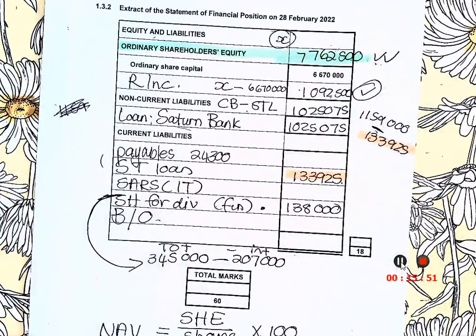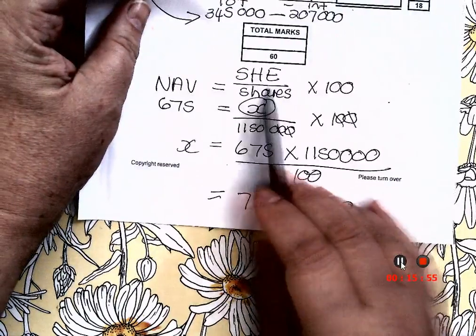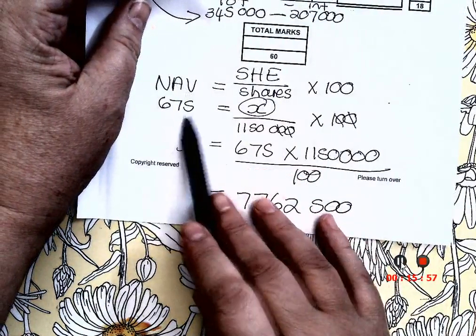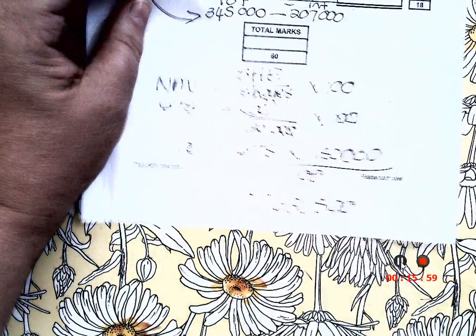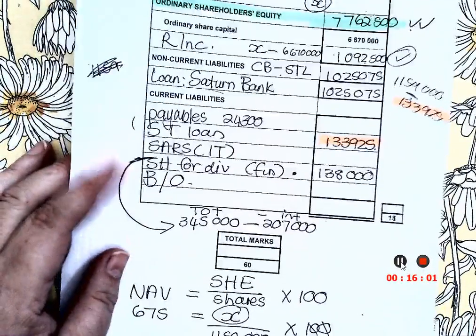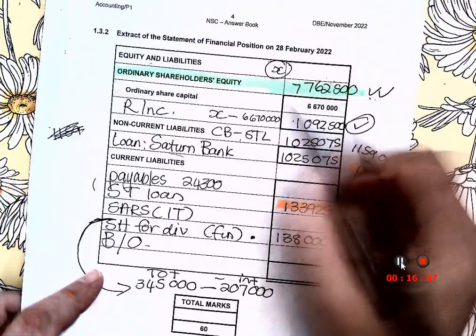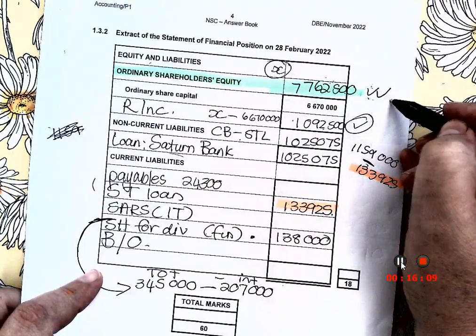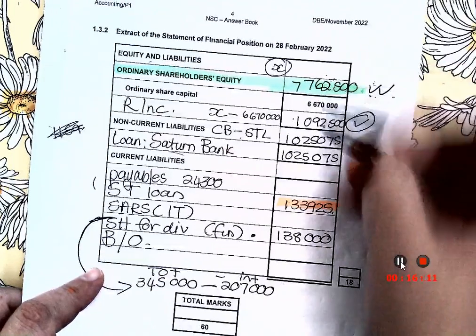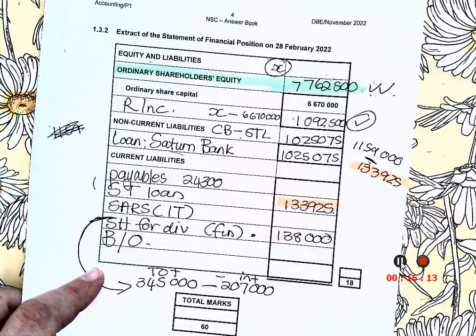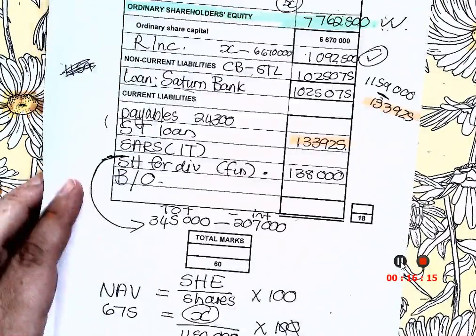I mean, obviously, I'm going to see that you didn't do a calculation. Just do something weird, like saying, the NAV is 675 and the shares is 1,150. Go and times the two. Okay? Just use the amounts that you have, to give me something. Then you have that wrong. But because of this less this, you can have that one right.